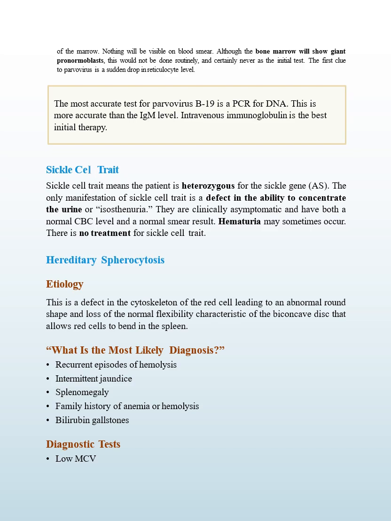Although the bone marrow will show giant pronormoblasts, this would not be done routinely and certainly never as an initial test. The first clue to parvovirus is a sudden drop of the reticulocyte level.